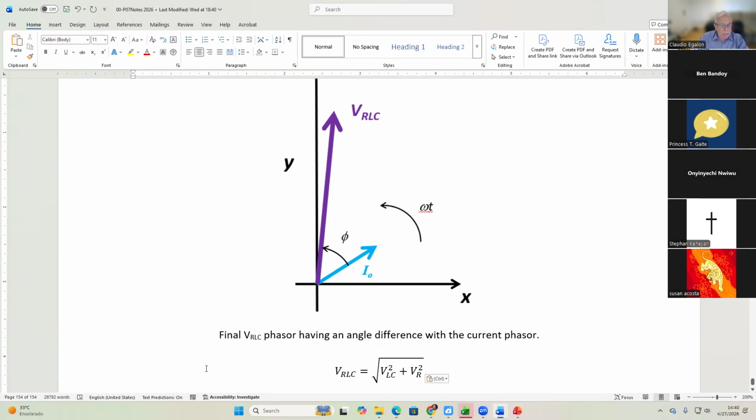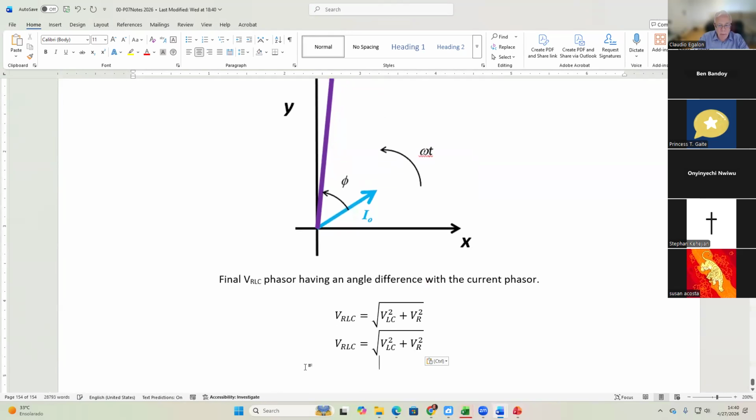I'm even going to rewrite the VLC in the terms that you already know. V sub L minus V sub C, right? Because they are 180 degrees off according to the diagram.